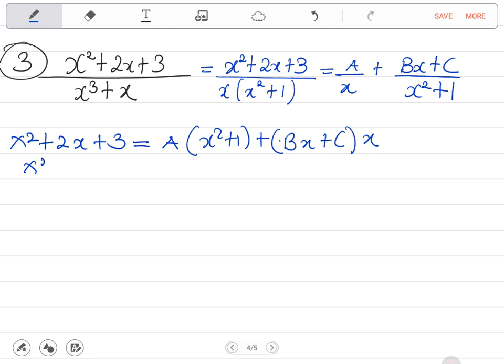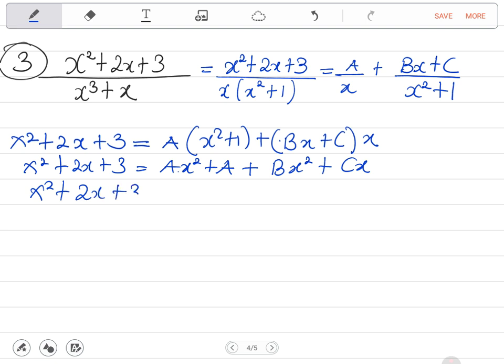Expand. You get ax squared plus a. x times bx, you have bx squared plus cx. So you know that x squared and x squared can go together. So factorize the x squared, you have a plus b.